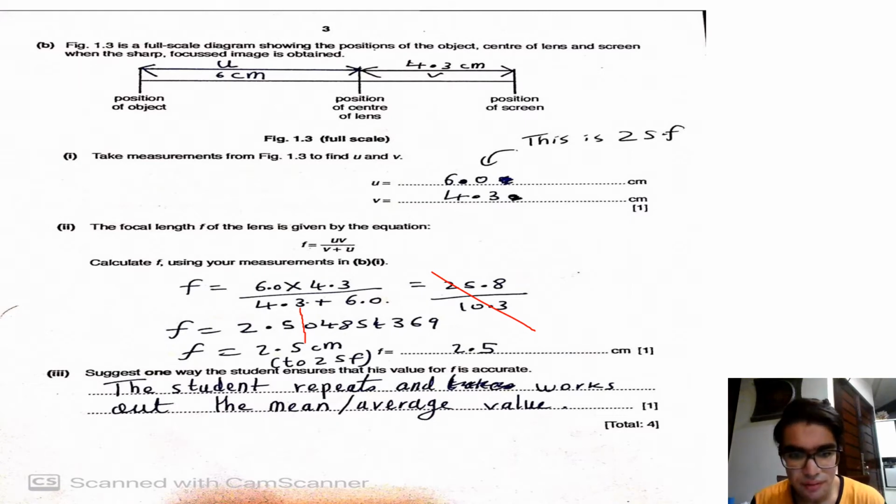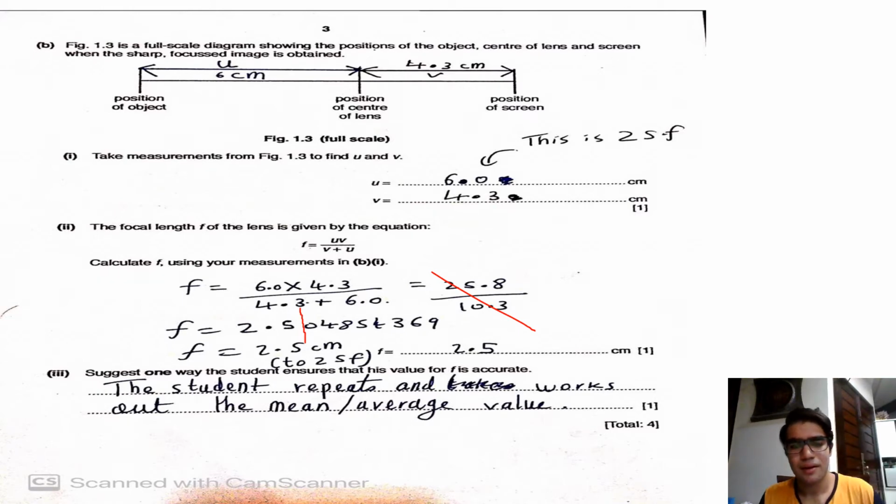Just one way the student ensures that his value for x is accurate. This is a very orthodox type of question, but you should memorize this answer because it keeps coming up again and again.